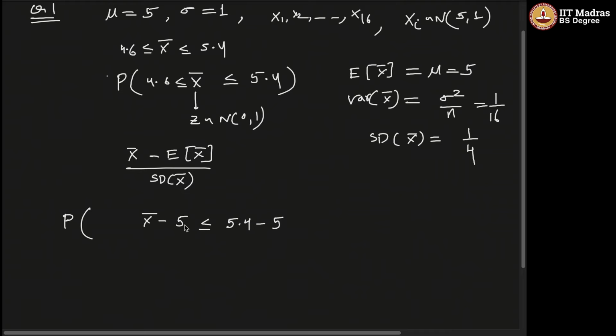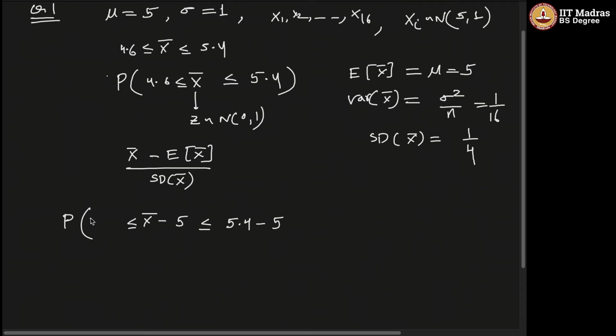What we are trying to do is go from x bar to x bar minus expectation of x bar divided by standard deviation of x bar. To go there, we are subtracting some constant and then dividing by some value. Those extra things we have to do on the left-hand side also.